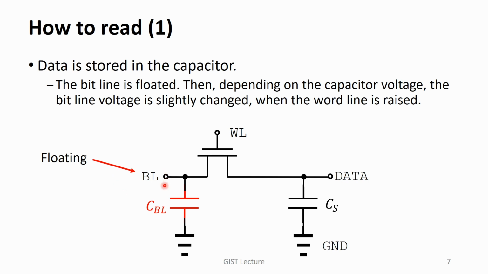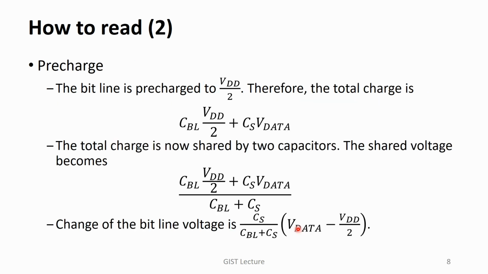However, during the read operation, it must be included. Typically, the bit line capacitance is much larger than the cell capacitance C_S. It is noted that the bit line is pre-charged to half VDD before it is floated.